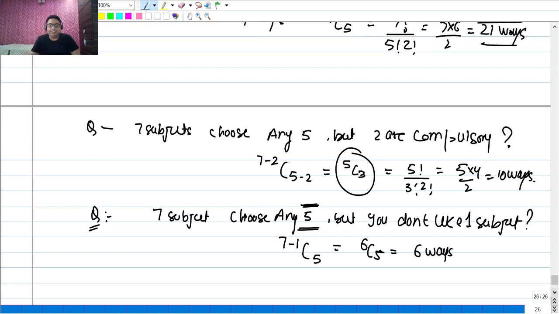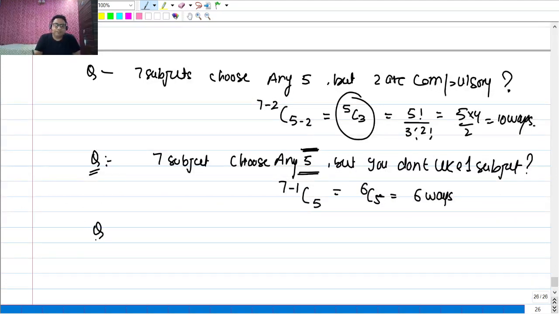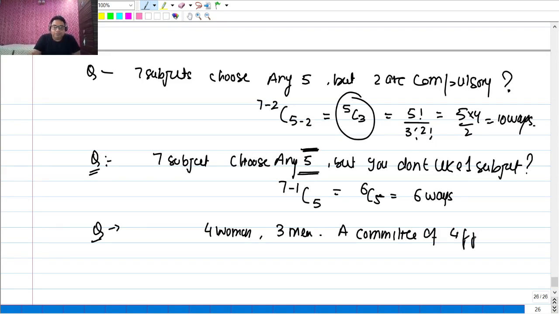Alright. Then he says, question. You have got 4 women and 3 men. A committee of 4 people is to be chosen such that it has at least 2 women.